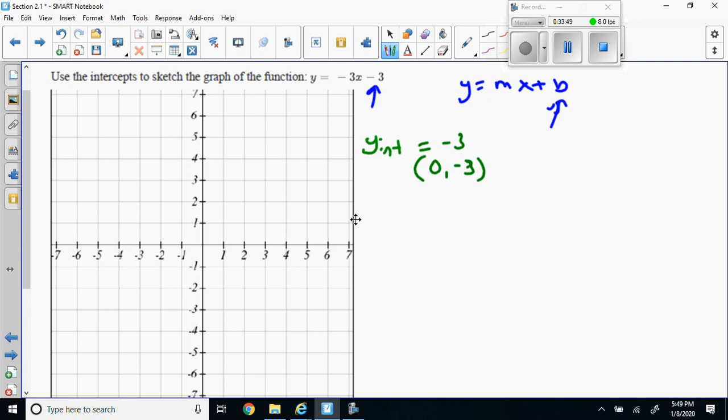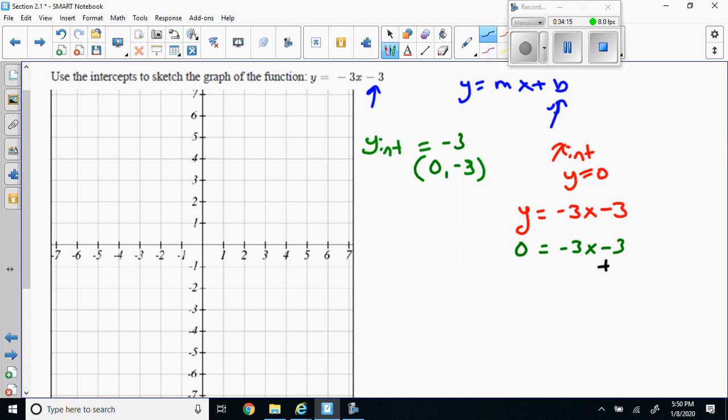Any questions about that? All right. We're not going to do anything different when it comes to the x-intercept other than we're going to plug in zeros where they're supposed to, right? So here's the equation. We're going to plug a 0 in for y, and we're going to solve for x, right?